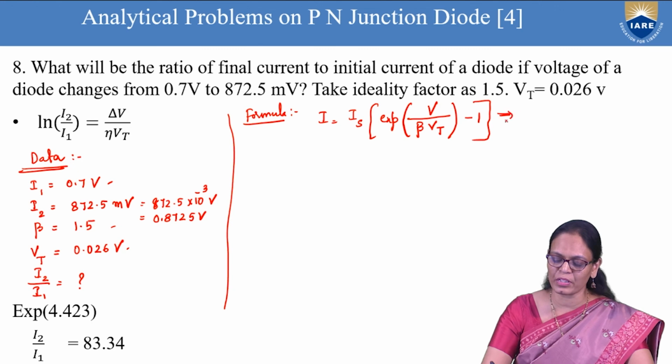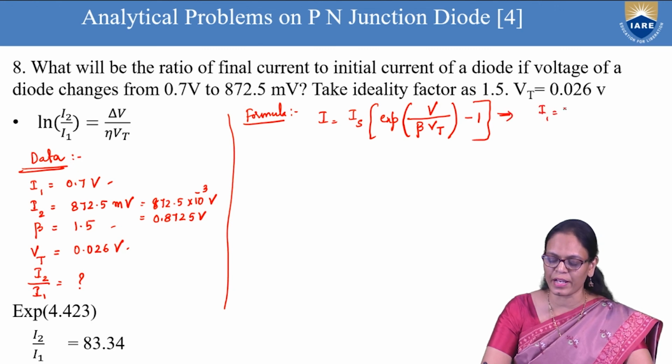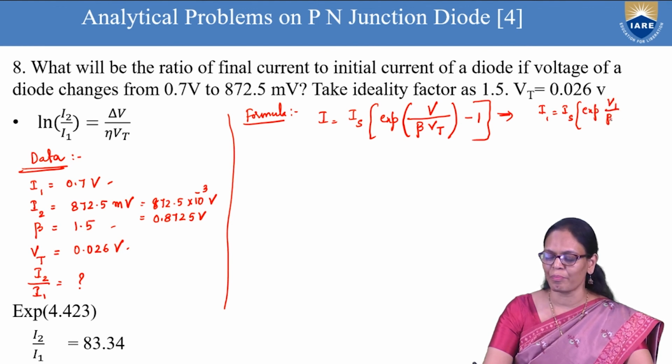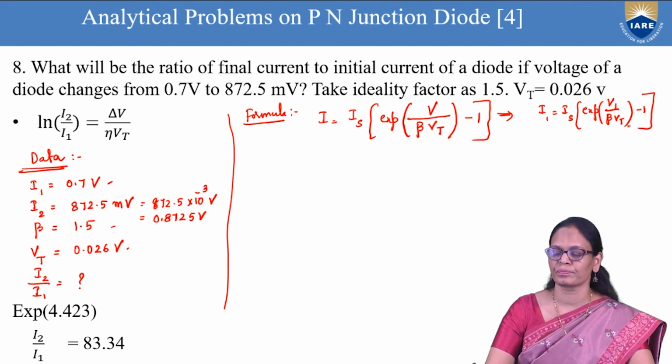Again from here I will write I1 as Is exponential V1 by beta Vt minus 1, and I2 will be Is into exponential V2 by beta Vt minus 1.